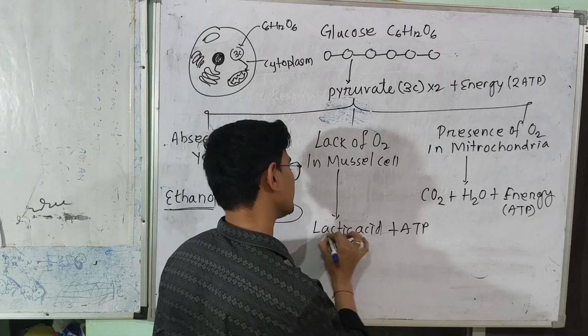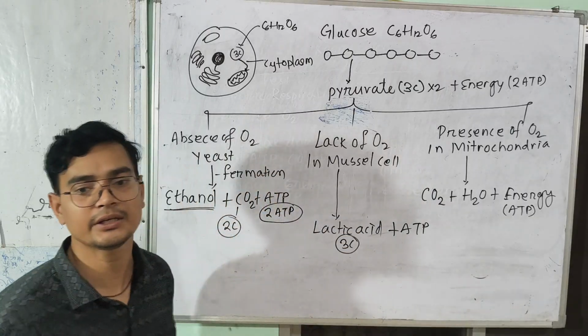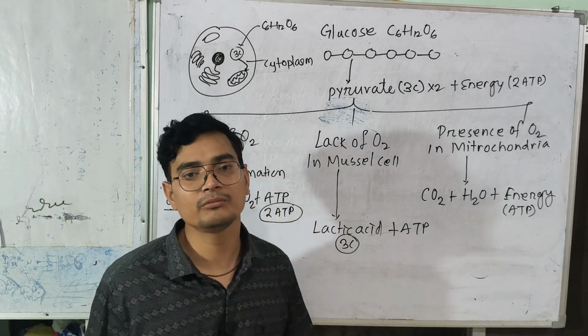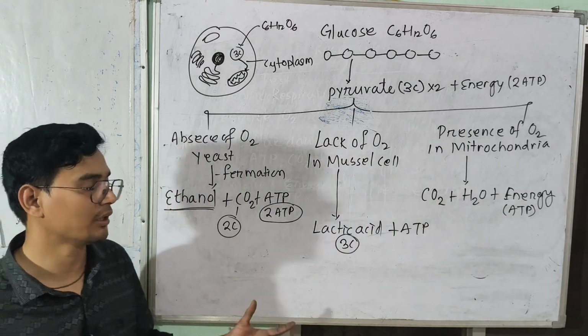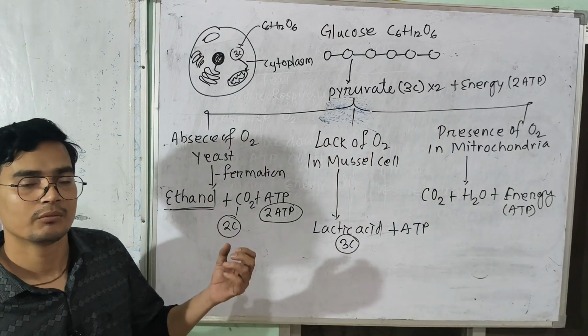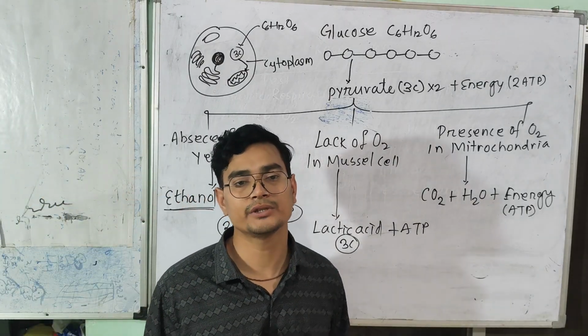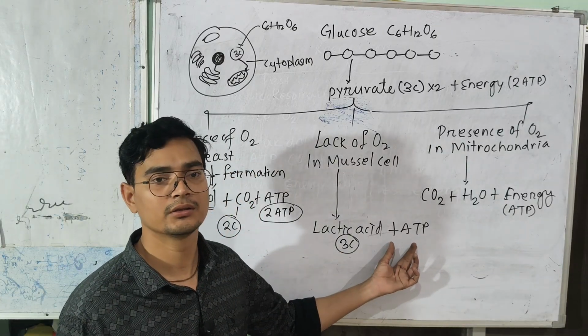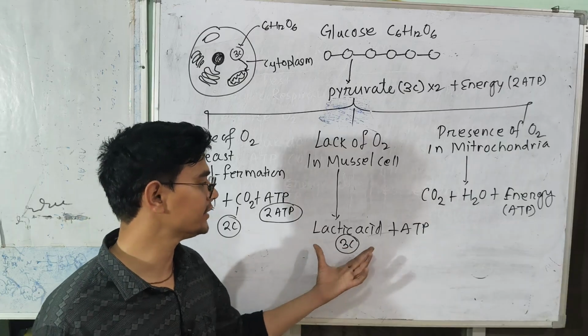Lactic acid is a 3-carbon molecule. When we do more physical exercise, more energy is required, so muscle cells perform respiration in the absence of oxygen and get energy. So this is lactic acid formation.